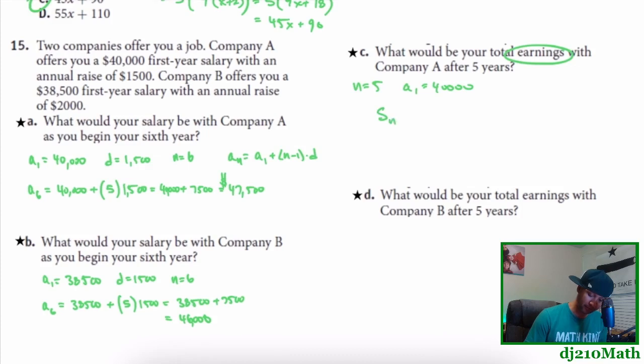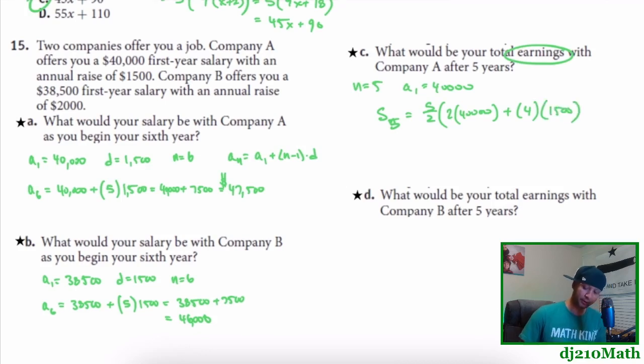So s sub n, or s sub 5 rather, is equal to 5 divided by 2 times 2 times a sub 1, so 40,000, plus n minus 1, so 5 minus 1 is 4, times the common difference, 1,500.